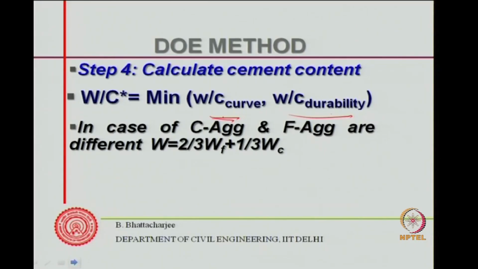If you have coarse aggregate and fine aggregate, and one of them is crushed and the other is not, let us say the coarse aggregate is crushed and the fine aggregate is not crushed, natural, then you take 2/3 water for fine aggregate and 1/3 for coarse aggregate. So for example, this is 195 and this is 225.